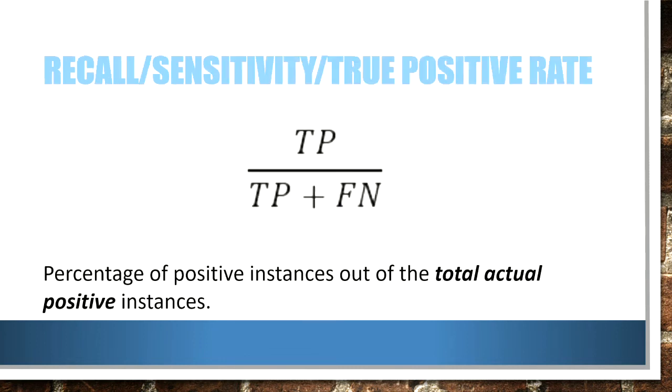So recall, or it could be sensitivity, or it could be true positive rate. All of them are the same thing. It's the percentage of positive instances. It's not exactly accuracy, but it says how sensitive your model is, or how high the positive rate of your model is.